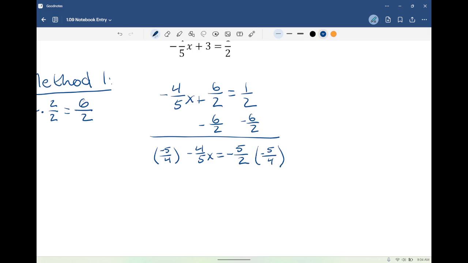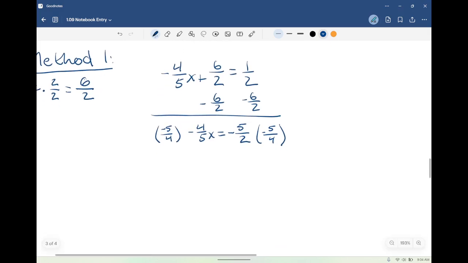Everybody, a negative times a negative is a? Good. And so on both sides of my equal sign, I'm going to end up with positive values. On the left, 5 times 4, that's 20, and 4 times 5, well, it's also 20. And so I'm going to end up with 20 over 20x, which is equal to 25 over 8.